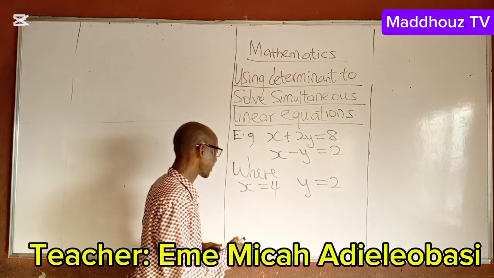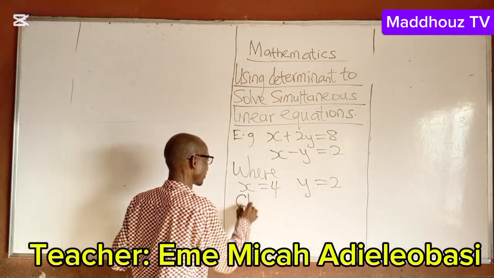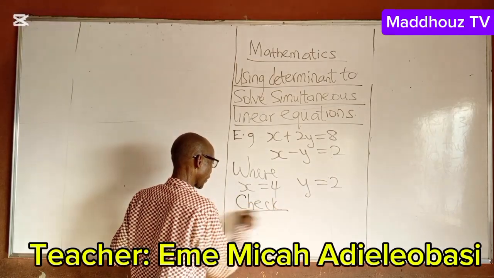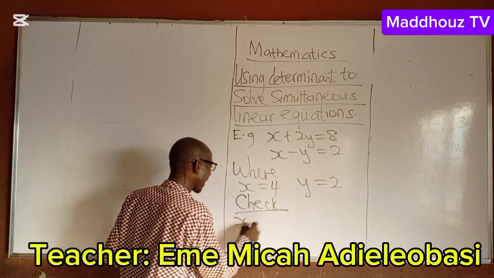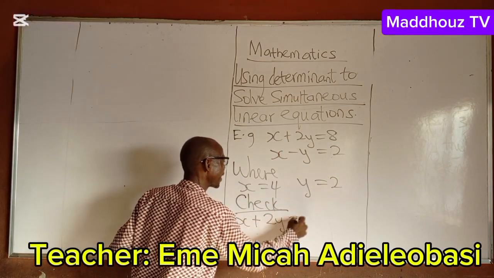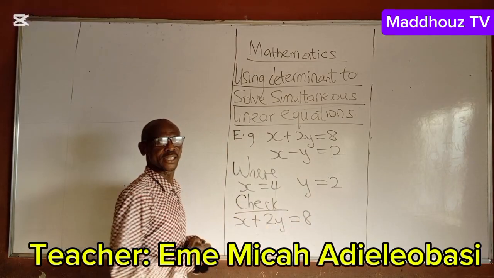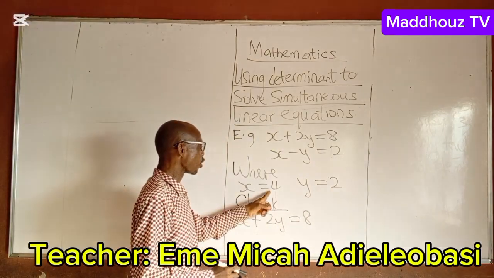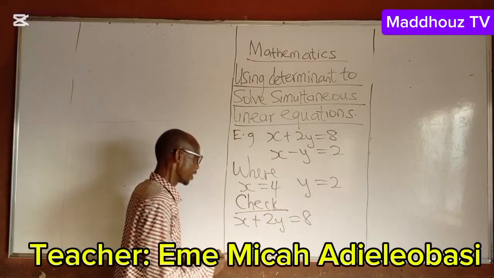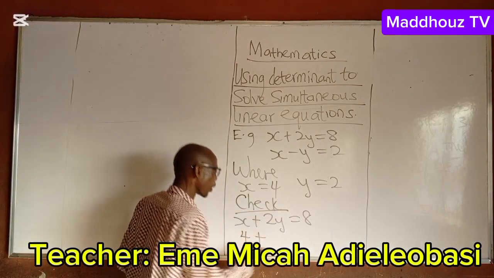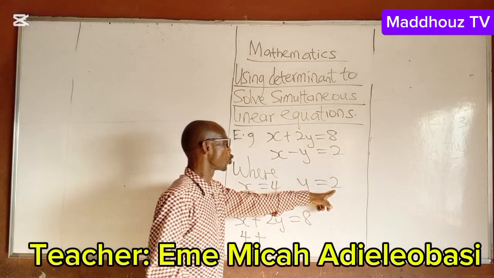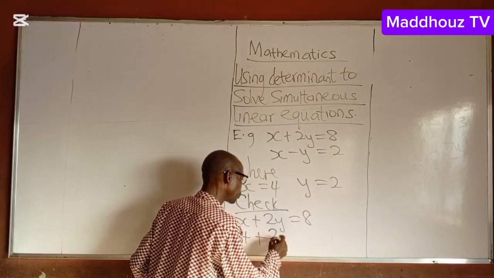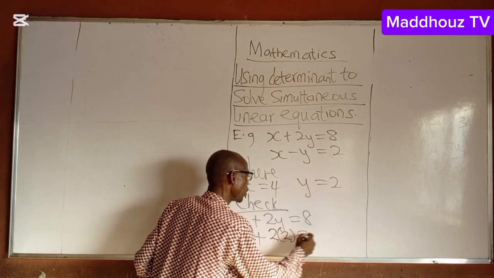Now let's check that and see. We have x plus 2y equal to 8. So put the value of 4 for x, we now have 4 plus, and put the value of 2 for y, we now have 2 times 2.